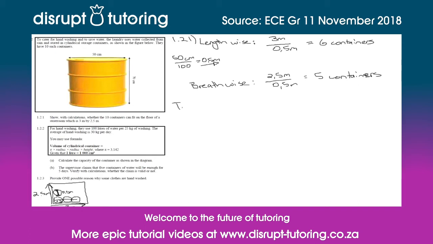The total will be the breadthwise times the lengthwise. If we take the number lengthwise, which we've calculated to be 6, and the number breadthwise, which we've calculated to be 5, we get that the total is equal to 6 times 5, which gives us 30 containers.